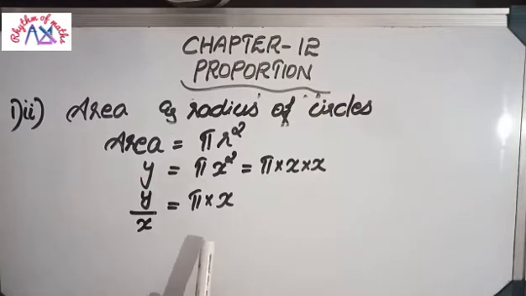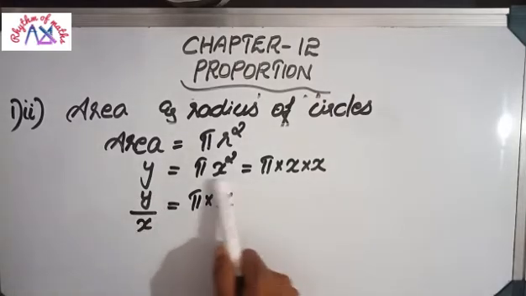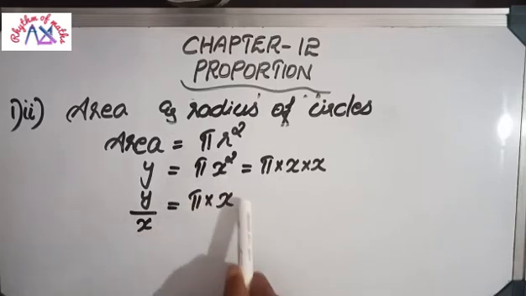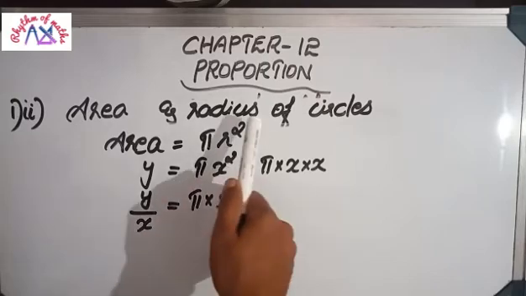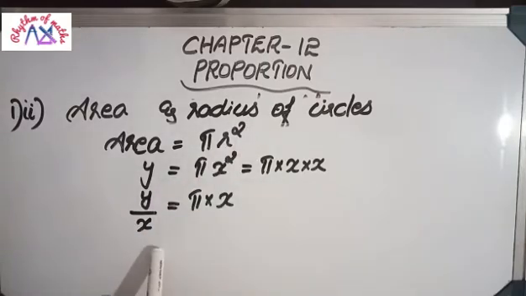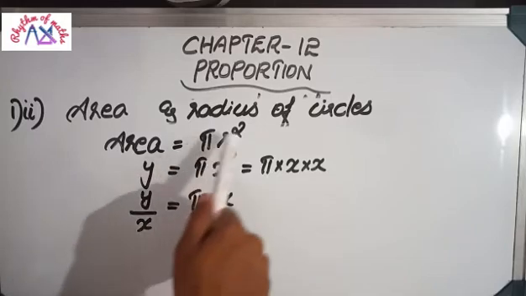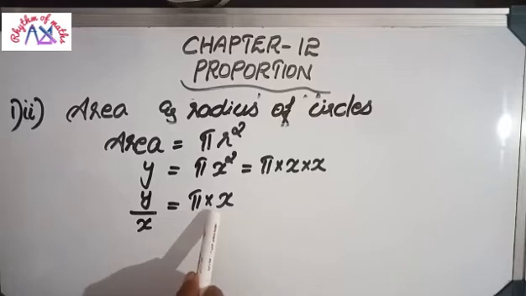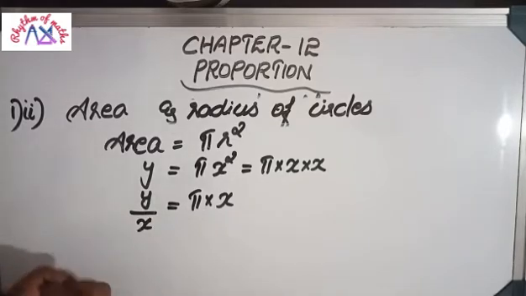No, it is not, because y by x must be a fixed number here. It is not fixed, because as x changes the value will be different. For example, if radius is 1 centimeter, y by 1 equals pi into 1. Now if radius is 2 centimeter, y by 2 equals 2 pi. That means the value is different.